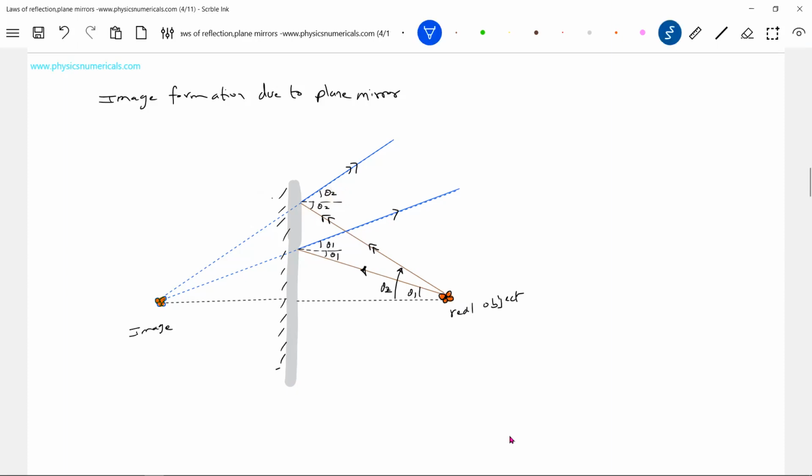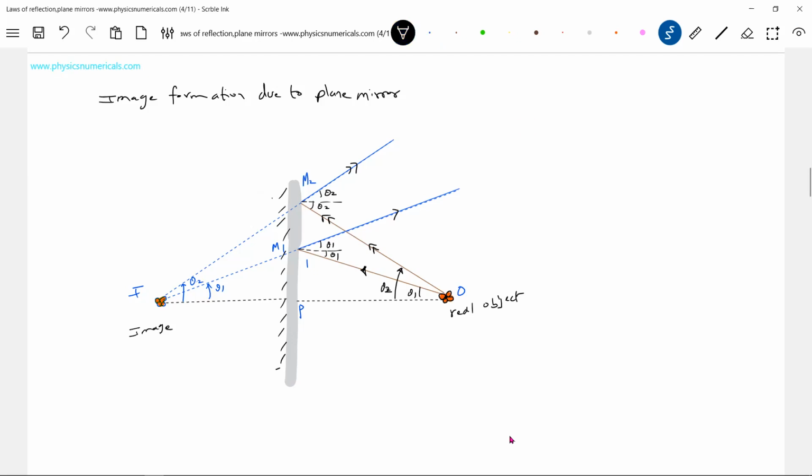So from the similar triangles: this is O, the real object, and this is I. Let this be M1. The point where the second ray strikes the mirror, let it be M2. Let me take this as P. So this angle will be theta 1, and this angle will be theta 2.